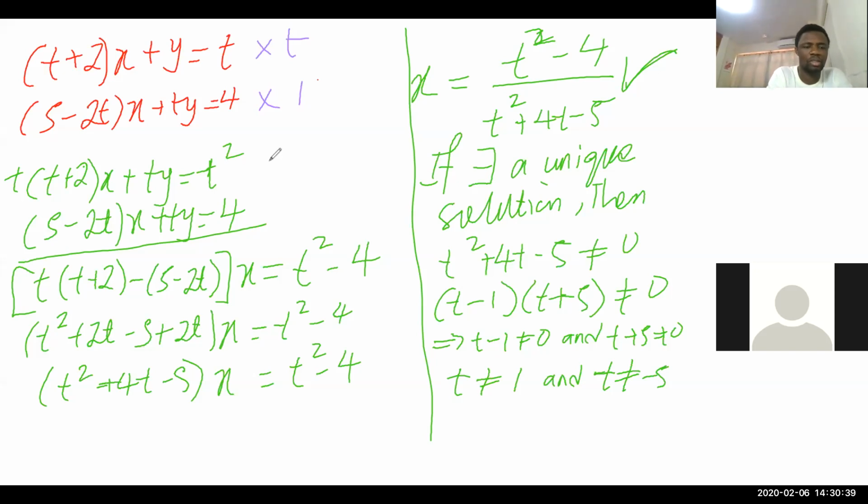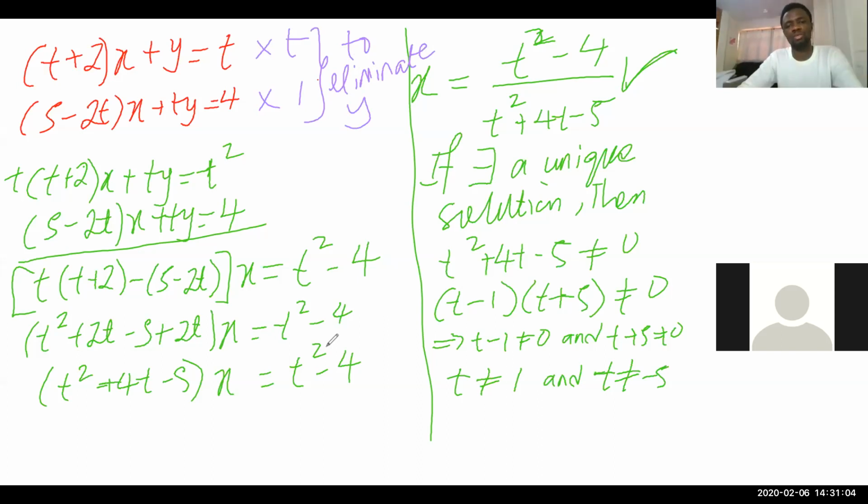Here you eliminated y, and by eliminating y, you get x. So if you eliminate x, you can get y. So you just go back to your original problem and eliminate x. And to eliminate x, we multiply equation 1 by what? Somebody. And equation 2 by what?